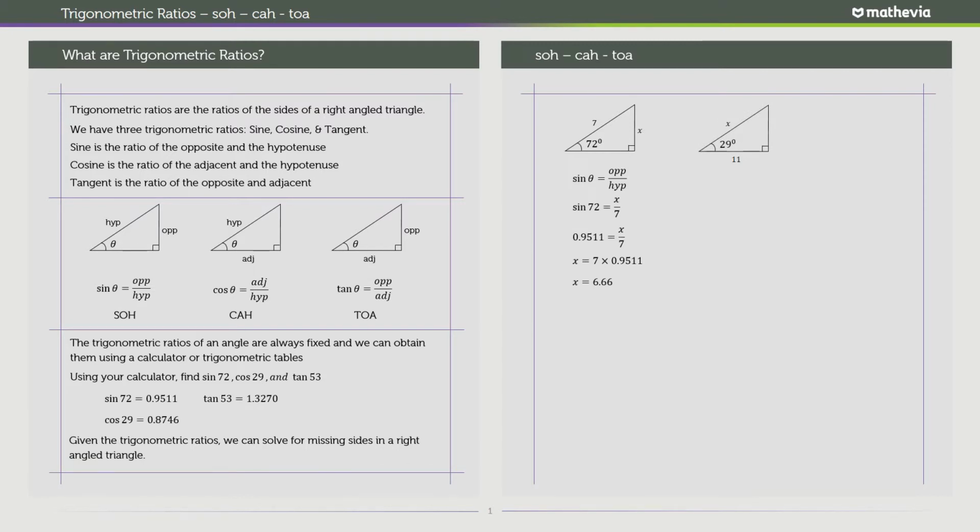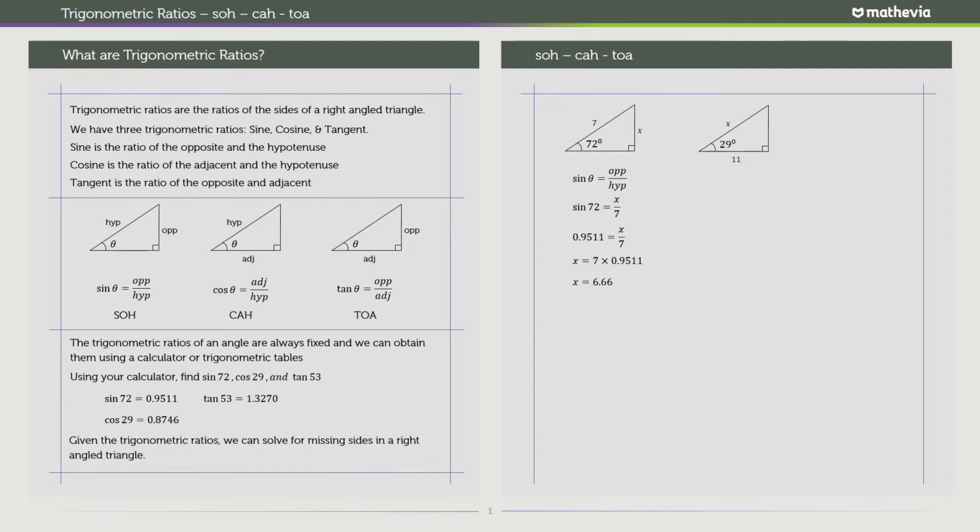Simple, straightforward. Another example: we have a triangle with 29 degrees inside, our adjacent is 11 and our hypotenuse is x. We're looking to find the hypotenuse.